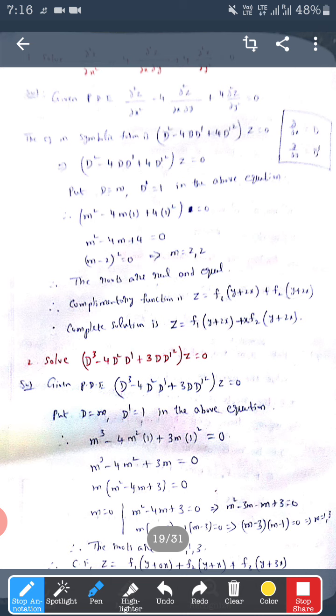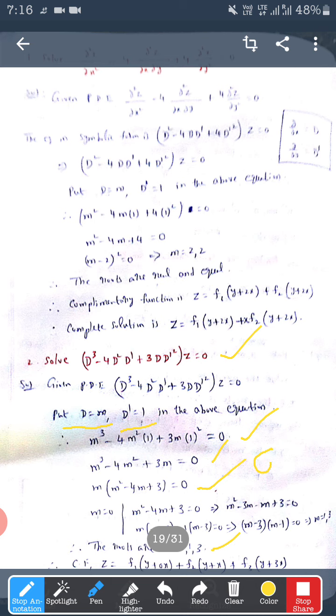Coming to the second example, here also it is the same. In place of D, first we write m. In place of D dash, we write 1. Therefore, this equation becomes m cube minus 4m square plus 3m is equal to 0. If you take m common, m into m square minus 4m plus 3. If you solve this equation, we get roots 0, 1, 3.